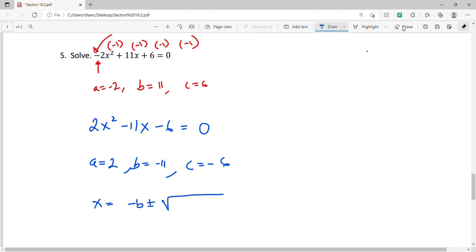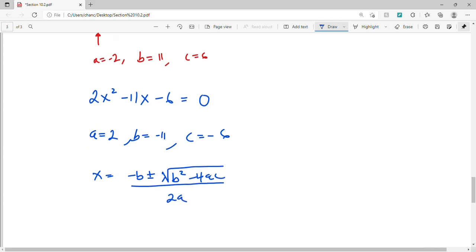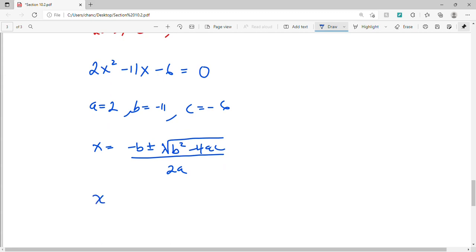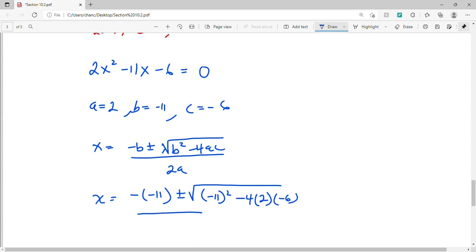So we have -b plus or minus the square root of b squared minus 4ac all over 2a. Let's simplify this by doing substitution. We have x equals -11 plus or minus the square root of -11 squared minus 4 times 2 times -6 divided by 2 times 2.